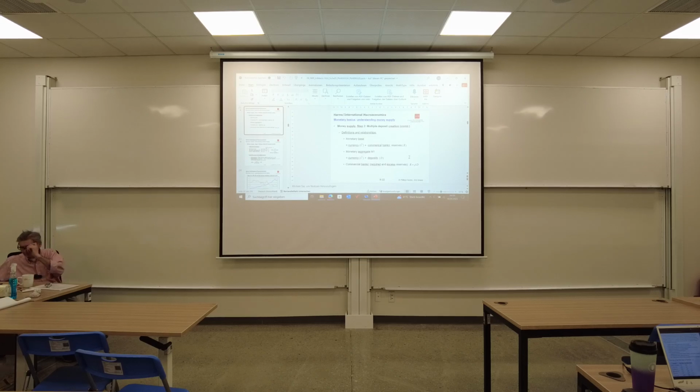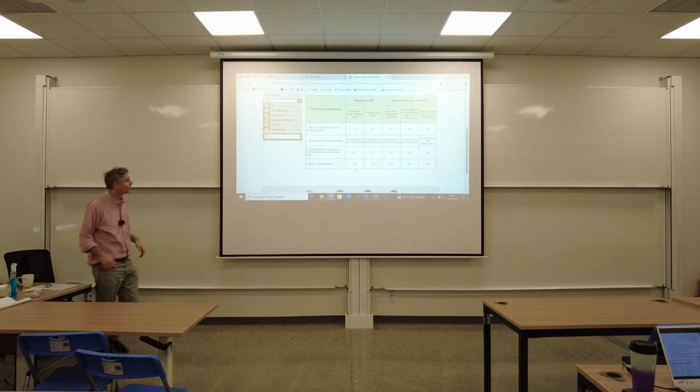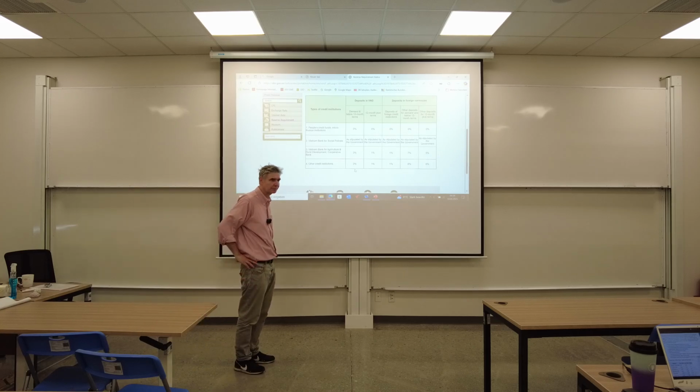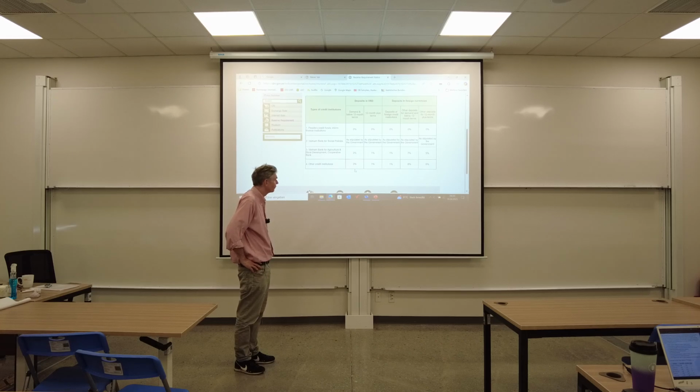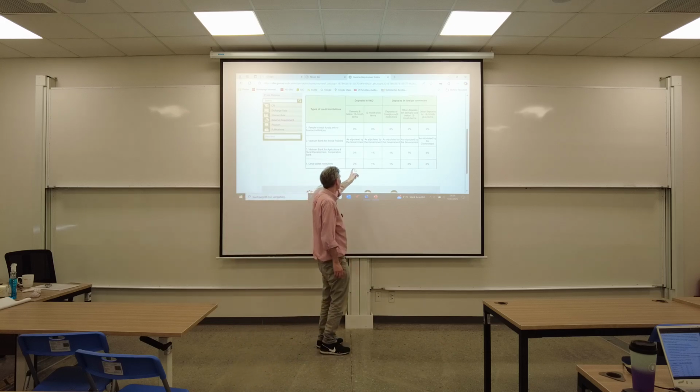Now, you see that the State Bank of Vietnam distinguishes between different banks. It says people's credit funds and microfinance institutions have a required reserves ratio of 0. And other credit institutions have a required reserves ratio depending on the maturity of deposits.